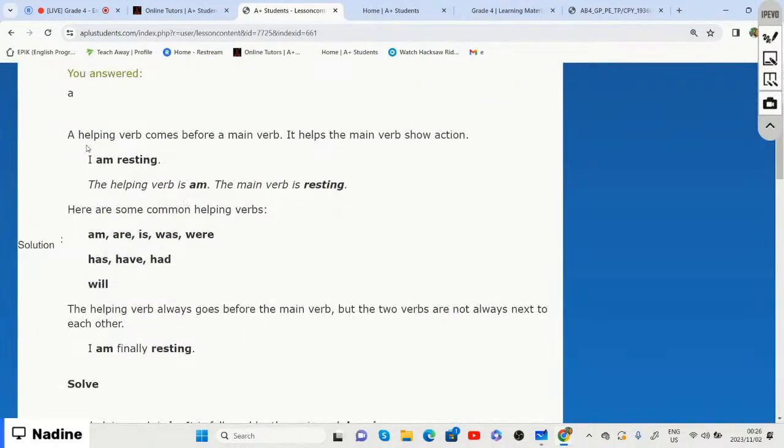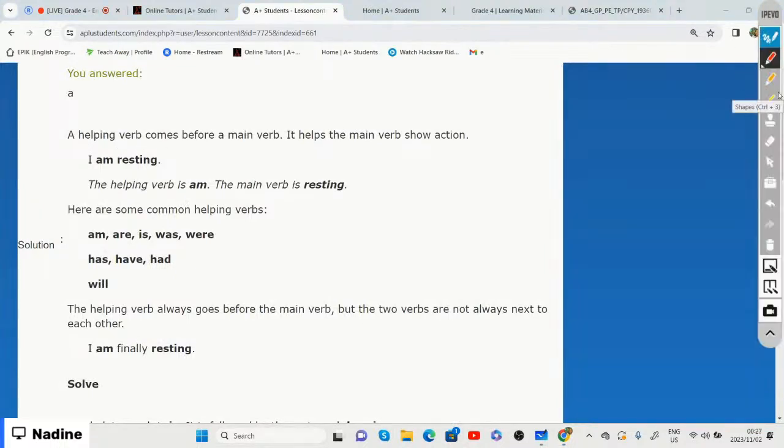Okay, so once again, to make it more clear, a helping verb comes before a main verb. And that is why I was showing sentences and I specifically asked to identify the main verb as well as the helping verb. I first wanted you to identify the main verb because it's easier to identify the main verb, the action that someone is doing.